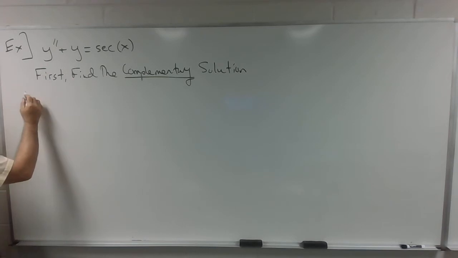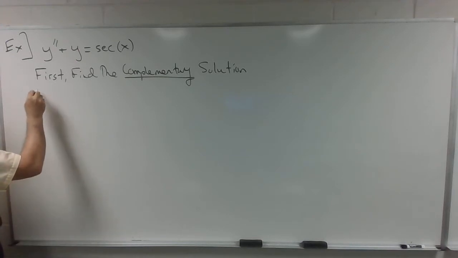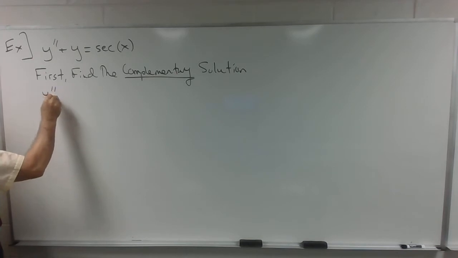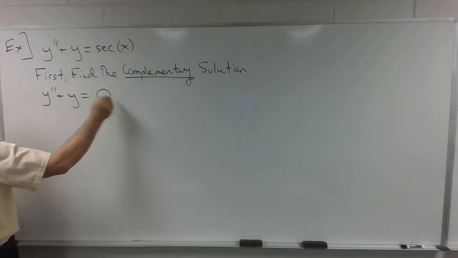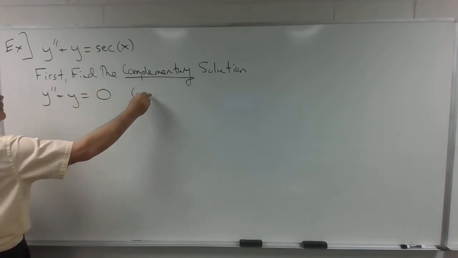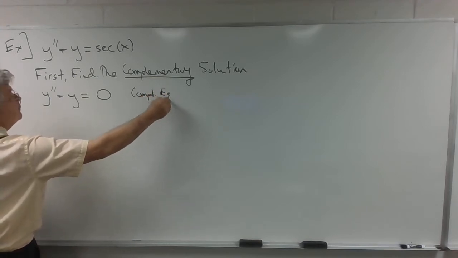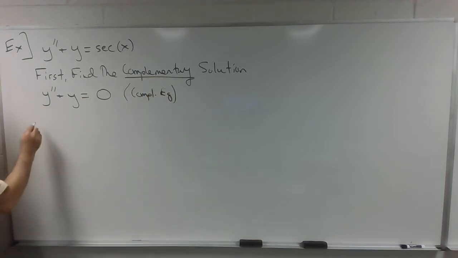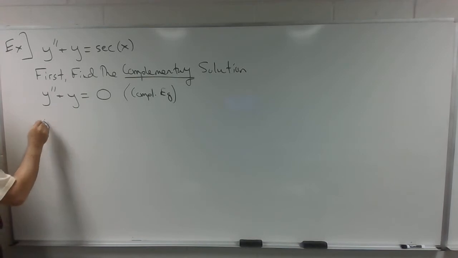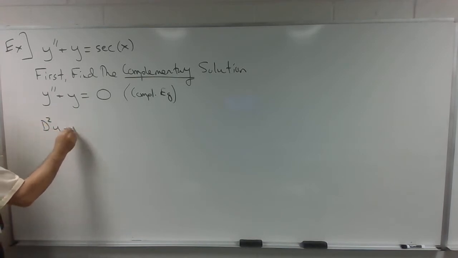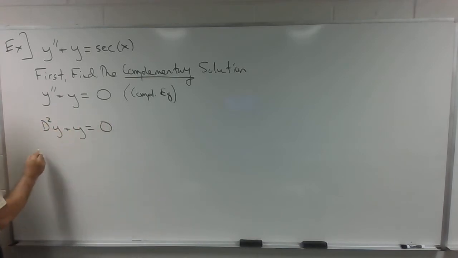So we rewrite using operator notation. Here's our complementary equation, y double prime plus y equals 0. Complementary equation. And then we rewrite using operator notation. And then we factor out the y.